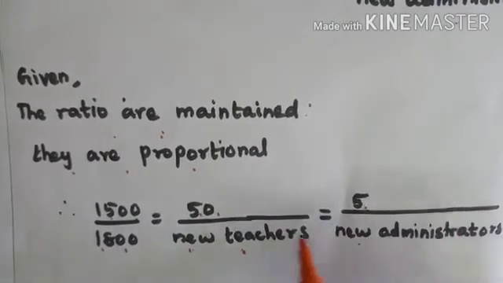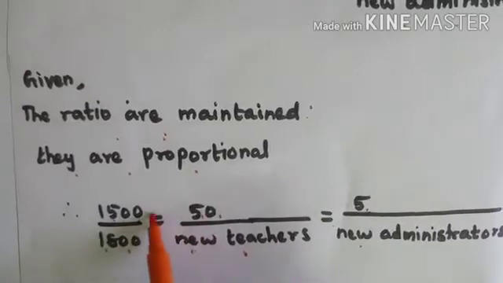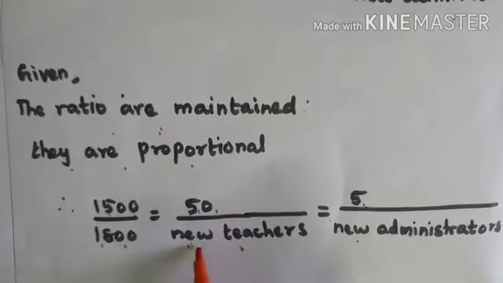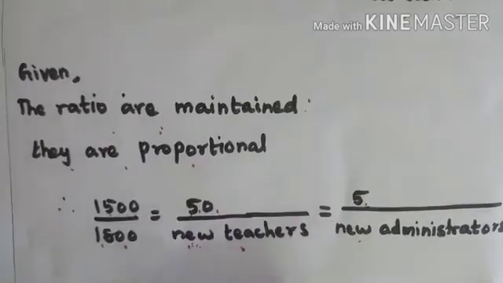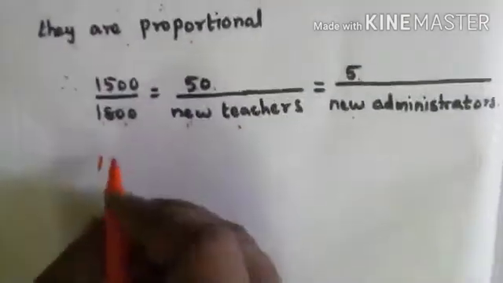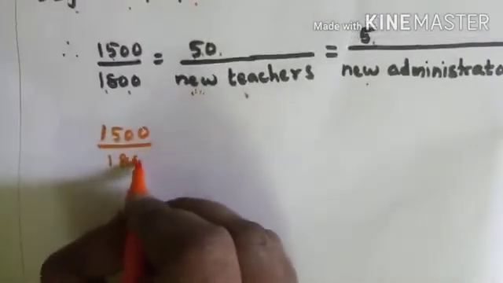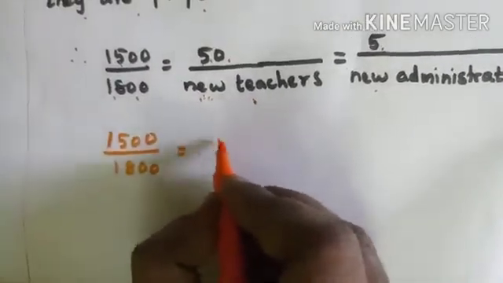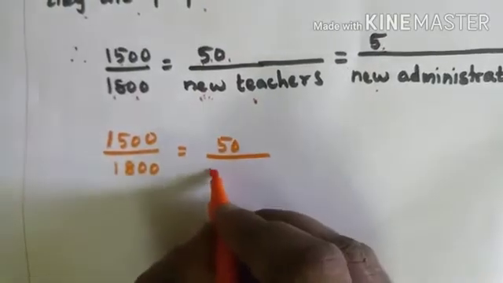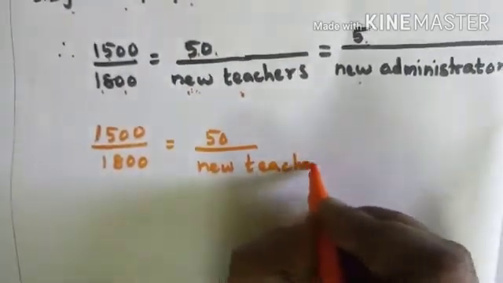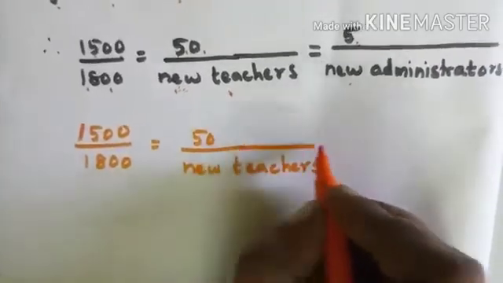For that, we are going to take these two things and find the new teachers. So see here, 1500 divided by 1800 equal to 50 by new teachers. Now we are going to find the new teachers.